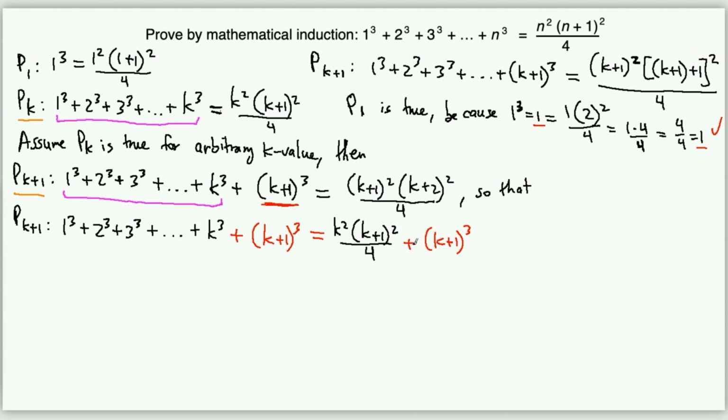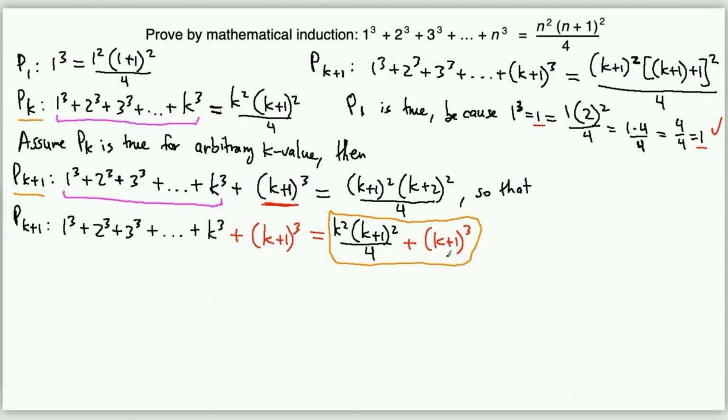They may be the same quantity, but we have to show them. We can't just assume that they're equal. We have to transform this algebraically in such a way that it's equal to this. Maybe I should not circle that because we're going to circle that later when we transform this.